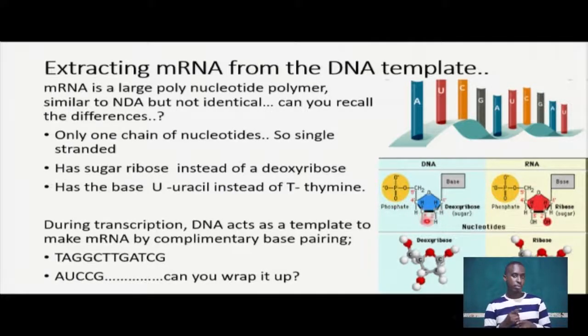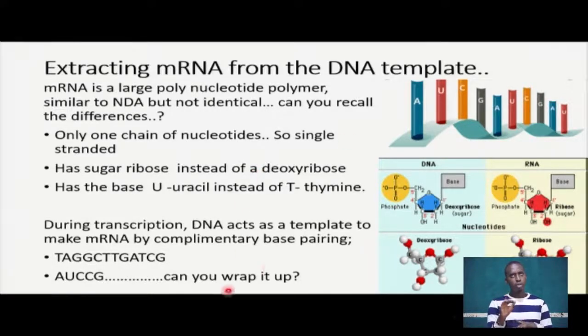The difference lies here. Check where my laser is, and on the ribose sugar where the laser is, that's where the difference is. And then the bases, we already talked about them: A, then U.